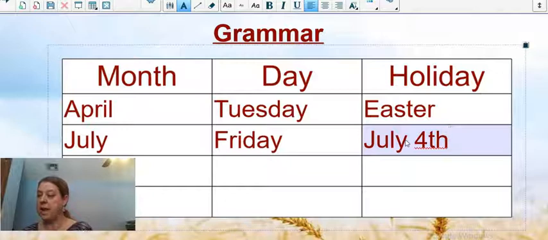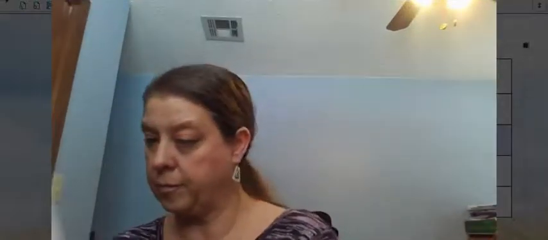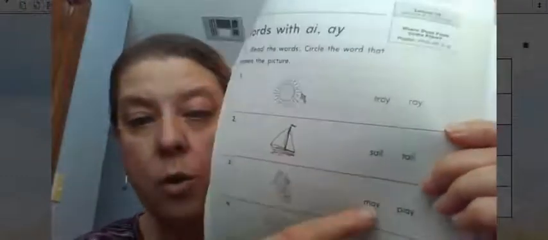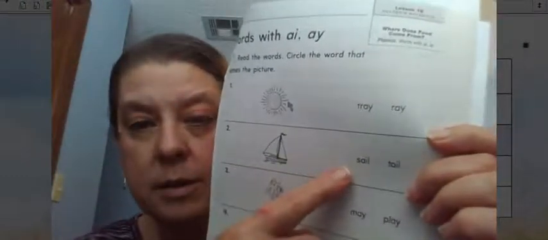All right, so let's look at work for today. So let's get on there bigger again. Today again, you're going to be looking at pictures on the side, and then you have 2 word choices over here for what's going on in the picture. These all are AY words or AI words.